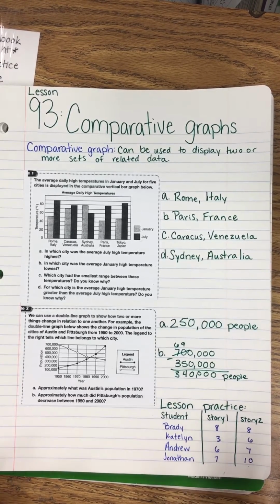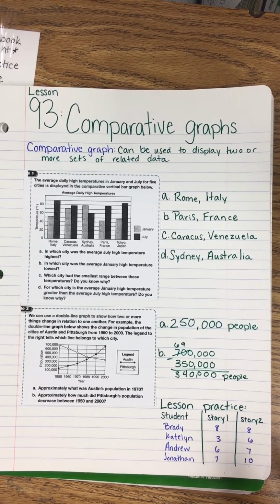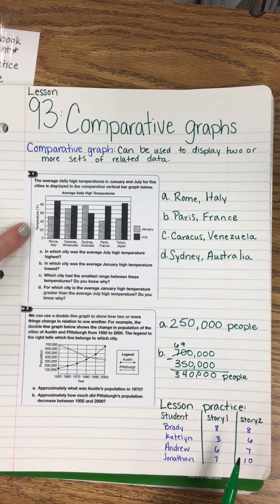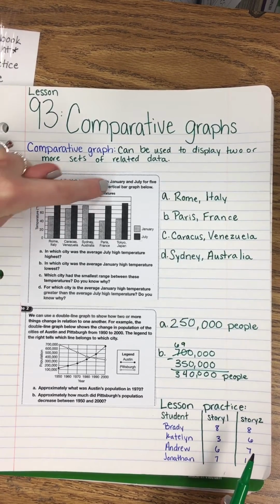Here are your directions. Make a comparative horizontal bar graph to show the scores. There should be 2 bars for each student. This is a bar graph, but the one we saw was vertical.